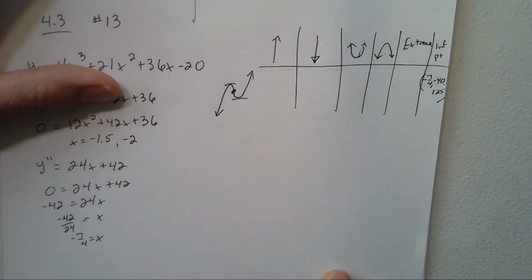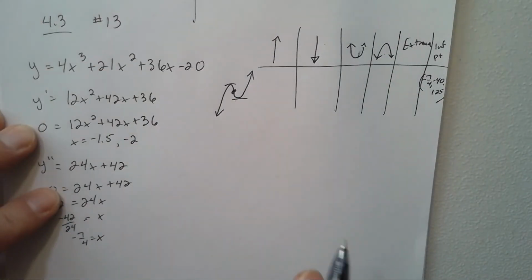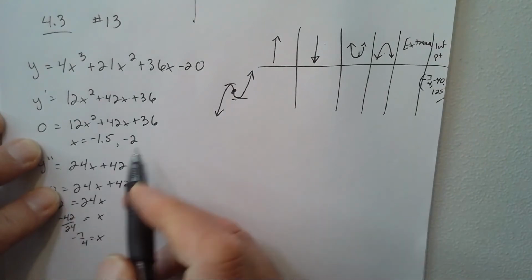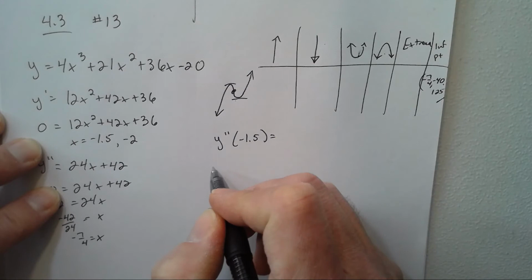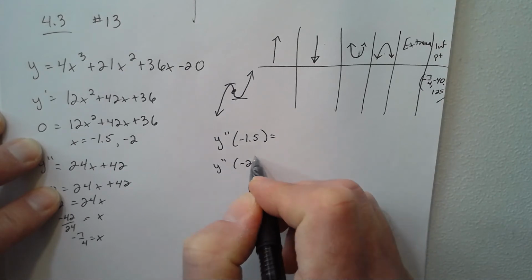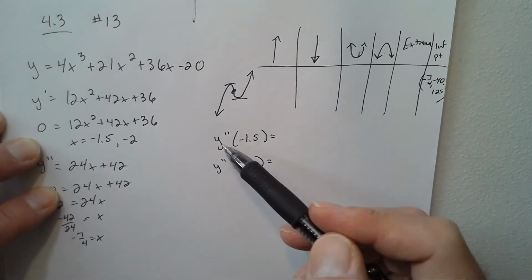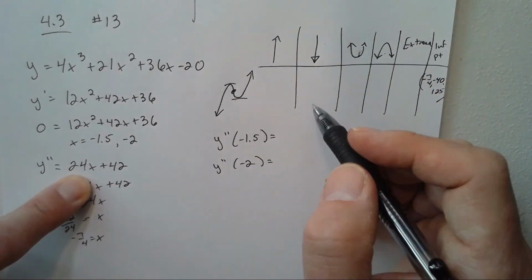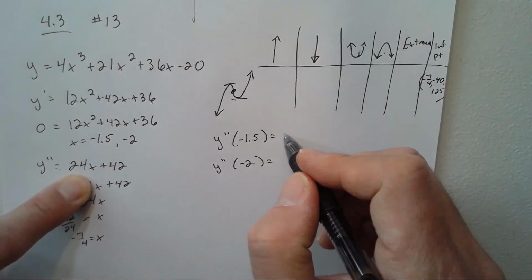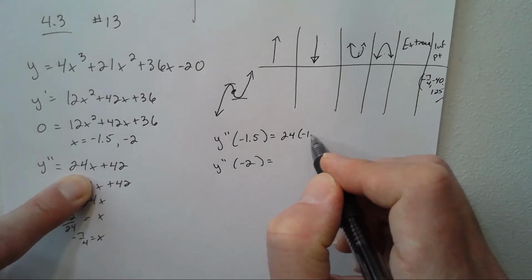We could plug our two critical points into our second derivative, do a second derivative test and check their concavity. So y double prime at negative 1.5, if I plug that in there, I get 24 times negative 1.5 plus 42.